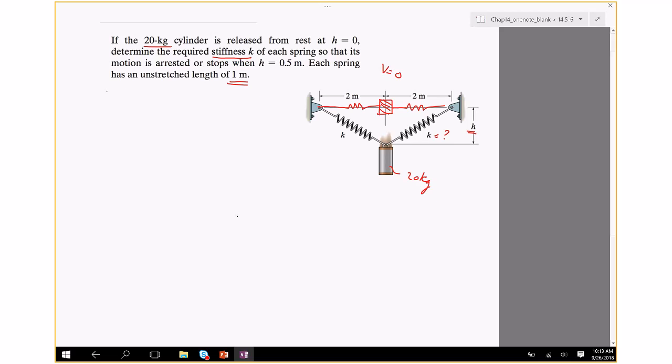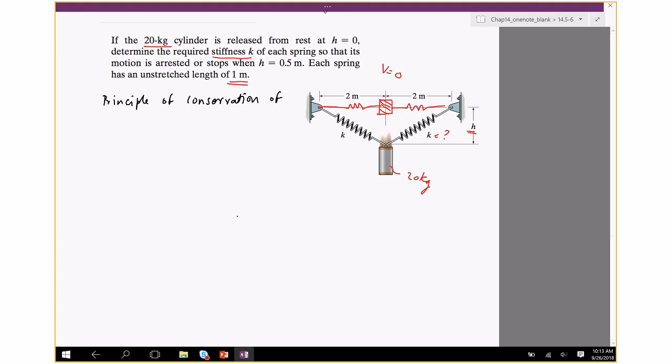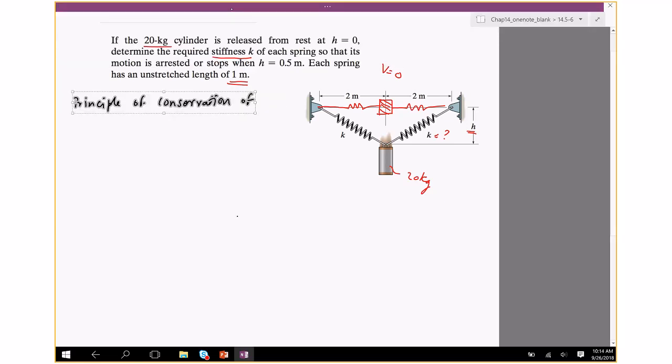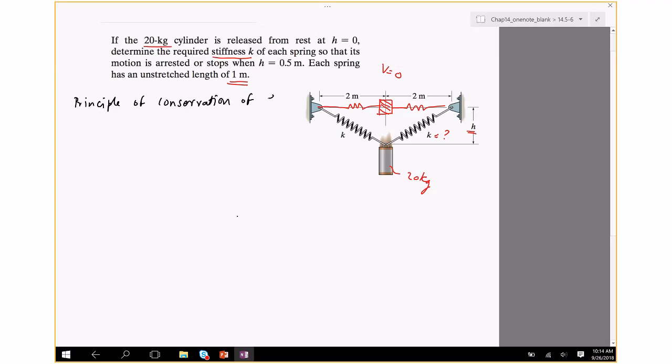Okay, so use the principle of conservation of energy.